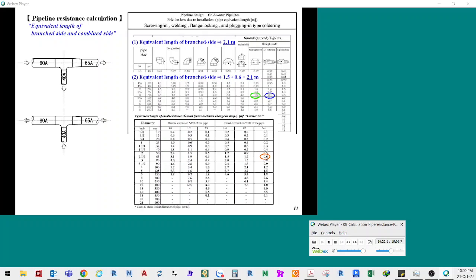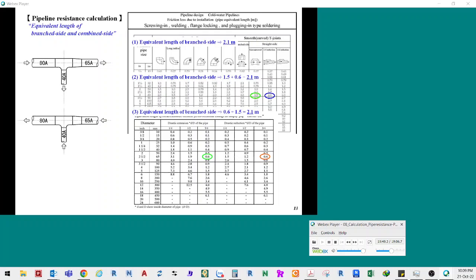The total equivalent length of the combined type T-joint on the slide is 2.1 meters. Because the enlargement ratio is 3/4, the equivalent length before the combined point is 0.6 meters. The size of the 80A pipes does not change, and the equivalent length of the straight side is 1.5 meters.